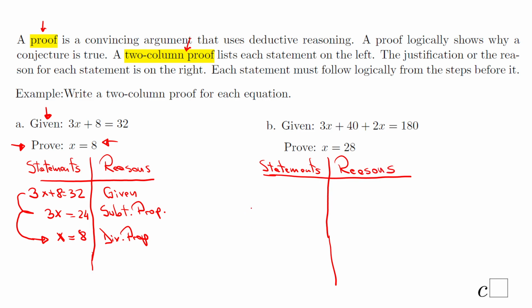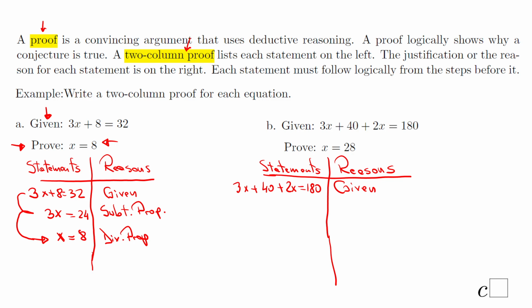And always start with what is given. So we have 3x plus 40 plus 2x equals 180. Again, always the first reason will be given, and the first statement is what you start from.